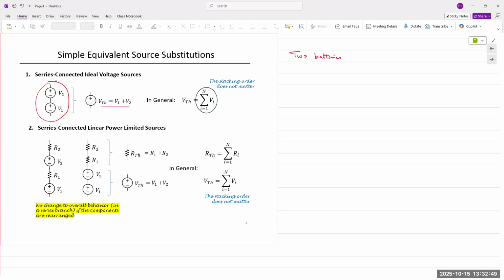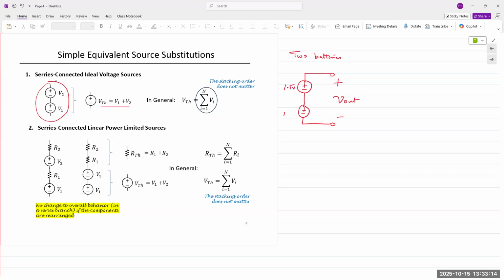So depending on how many batteries or sources you have connected together in series, you can simply add up the voltages. The reason we can do that is if we apply KVL. Let's say you have a battery here, and a battery here, and you're trying to measure the voltage V out.